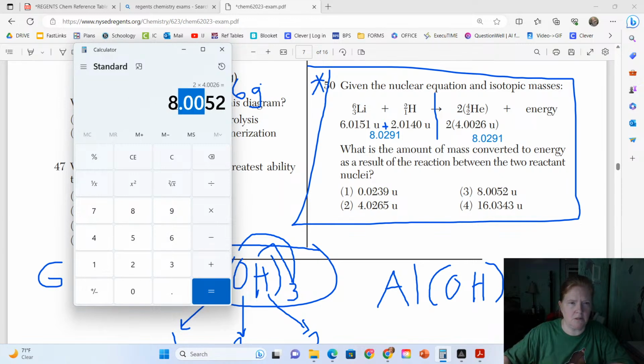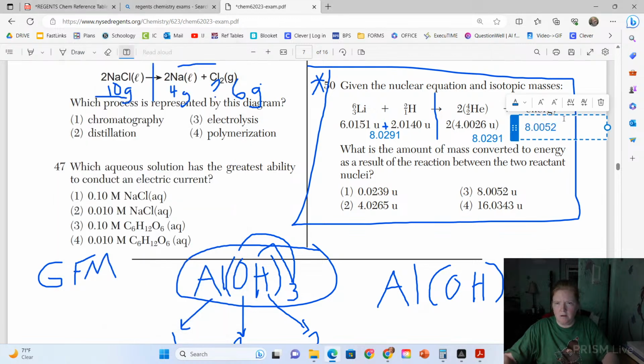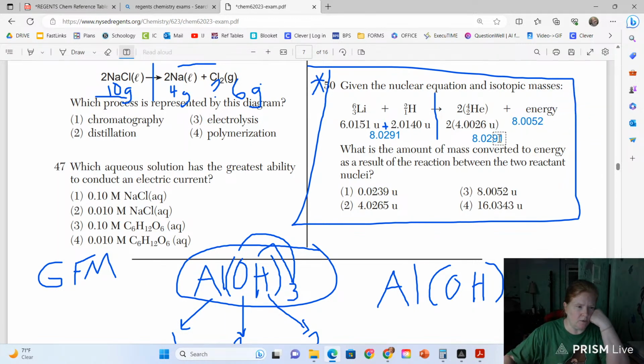So let me just copy this over. It was supposed to equal this, but it didn't. It equaled this. So the question is, what is the amount of mass converted to energy?